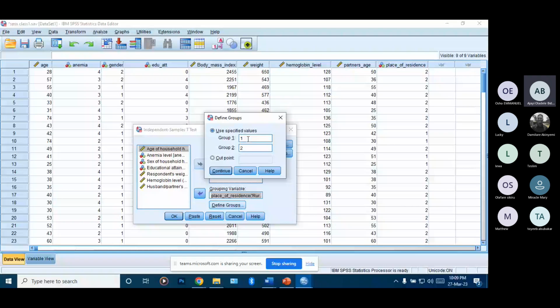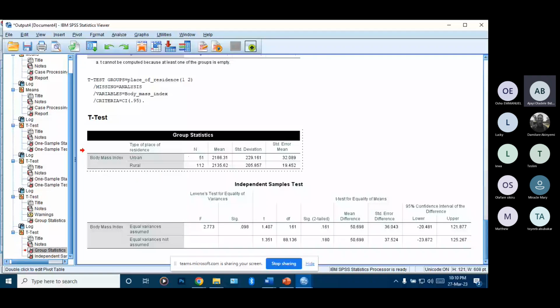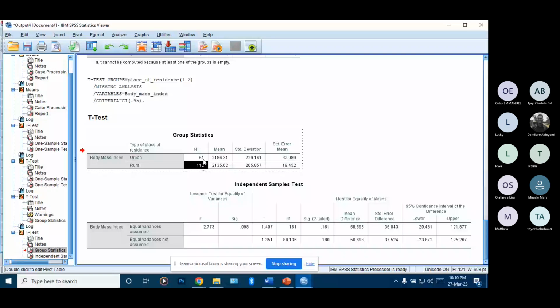Now we have our independent samples t-test produced. The very first table here is the descriptive statistics, and this one we can all understand: the number, the mean, and so on. Now the main thing here is the output for our independent samples test.